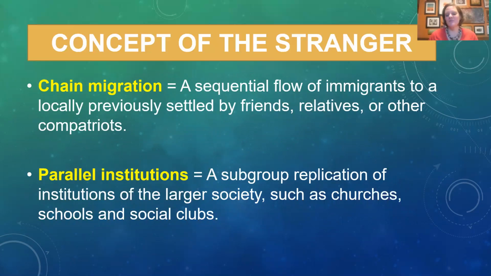Chain migration. Okay, so when you have to move somewhere different, I bet you always want to know if there are any friends or relatives nearby. And so this happens in immigration, that you might see a flow of immigrants moving to one settled area because it makes it a little bit more safe. It makes them feel more comfortable. And when you get a flow of immigrants in the same area, then what happens?